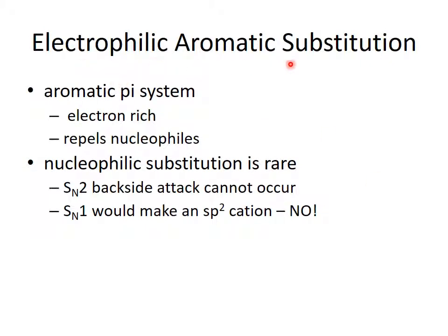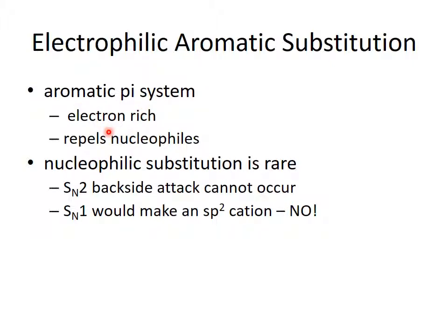This is electrophilic aromatic substitution. What you're actually having is an electrophile adding to the ring. We're used to nucleophilic substitution, where a nucleophile dives into an atom eager to gain electrons. But here you have an electron-rich aromatic pi system.